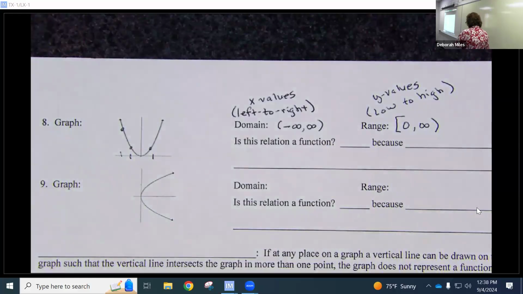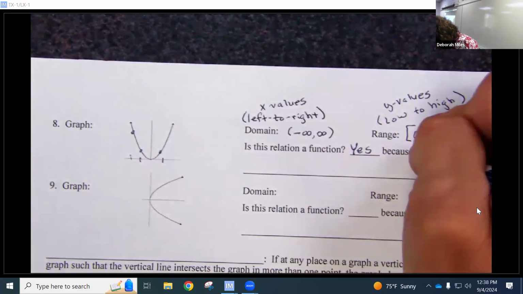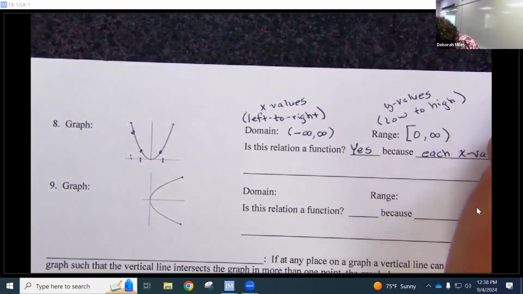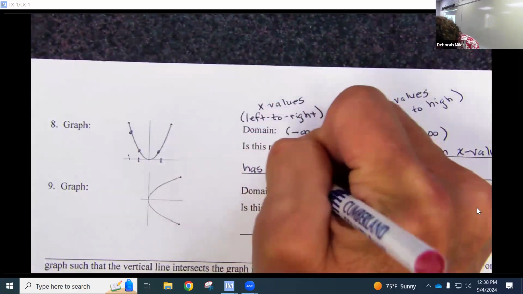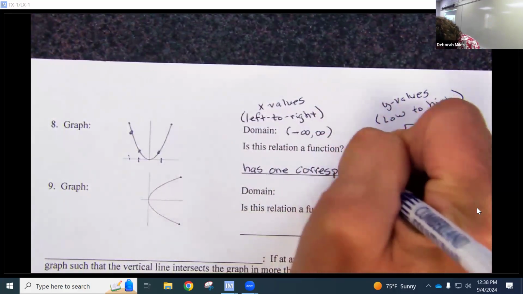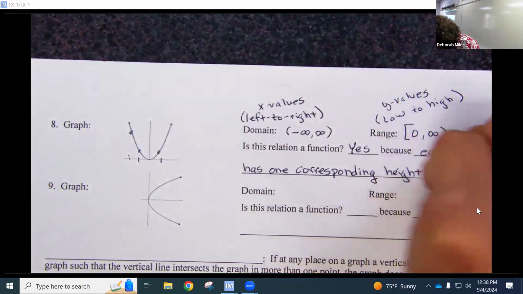Is it true that for that graph, each x only has one corresponding height on the graph? Yeah. Each x value has one corresponding height, and that's what a y is, it's a height on the graph.